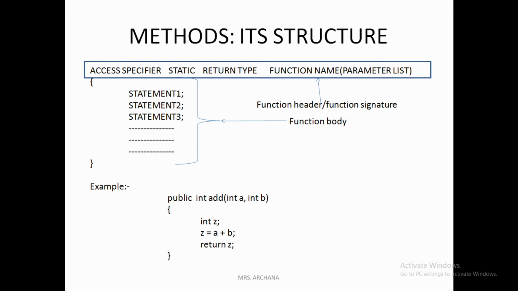Function header is also known as function signature. Function body is the next part of a method or function. Function body consists of the group of statements which actually defines what a method or function will do where it is called.